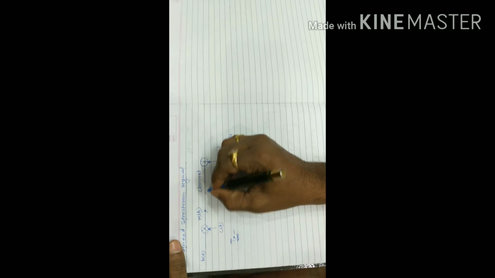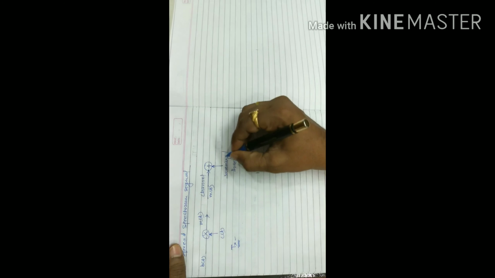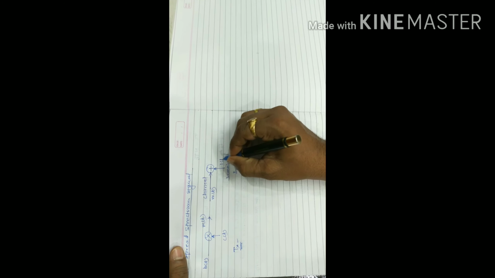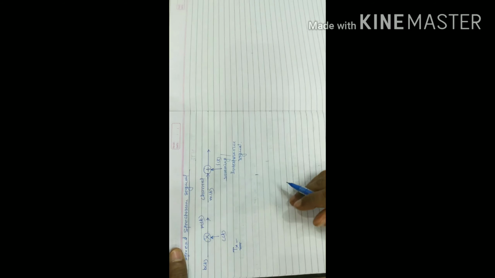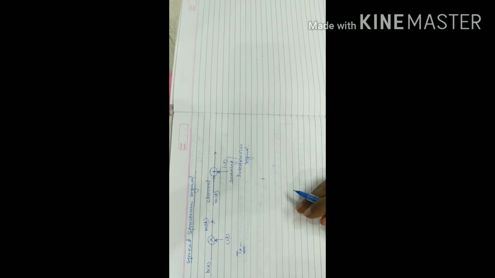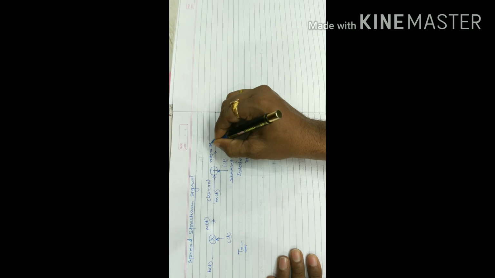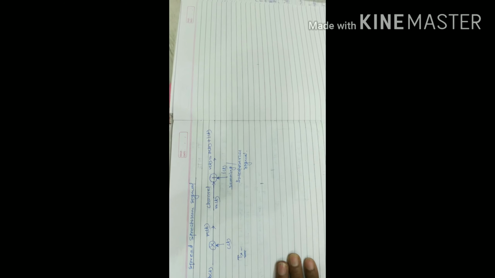So the input to this channel will be M of t. The signal that will interfere with this M of t, if it is represented by I of t, then the resultant value, denoted by R of t, will be M of t plus I of t.